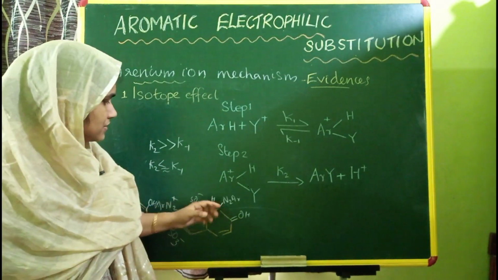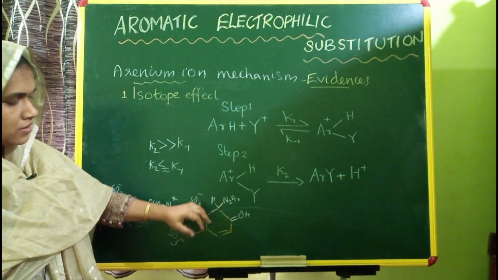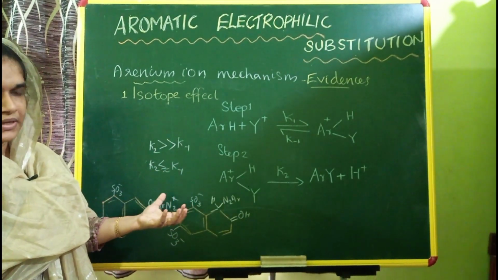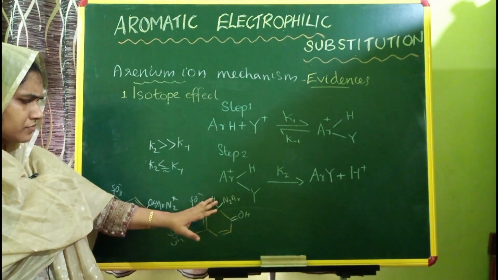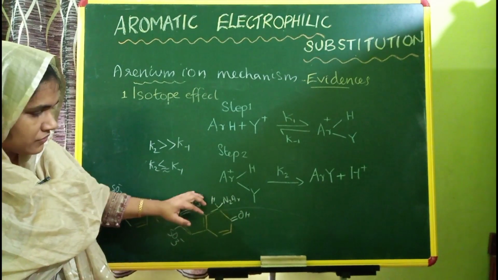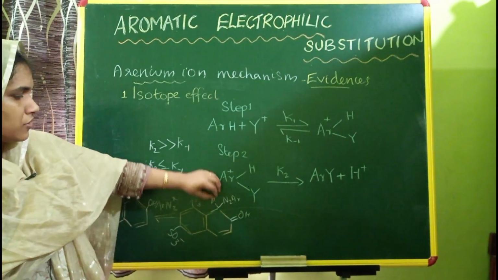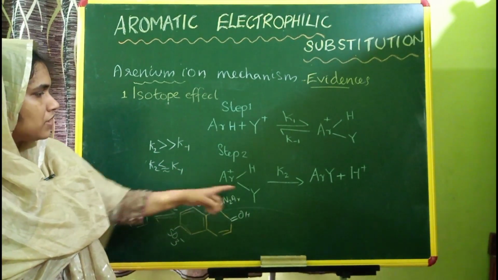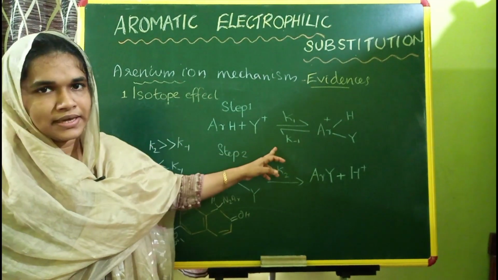The next step is the breaking of this bond, that is removal of this hydrogen by using a base. But since this hydrogen is present between bulky groups, it is very difficult for a base to come over here and remove this hydrogen. So this k2 will be very low as compared to k inverse.